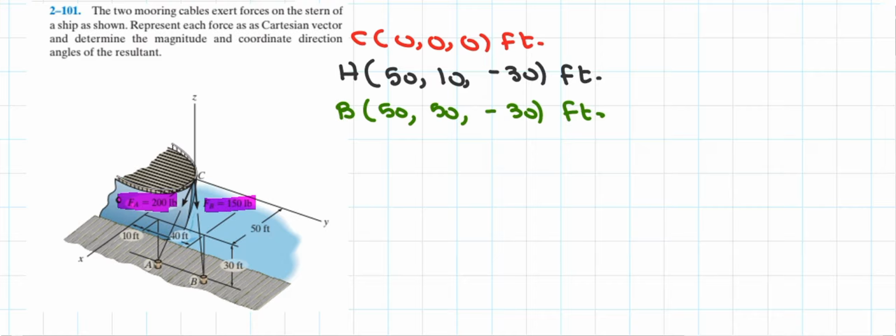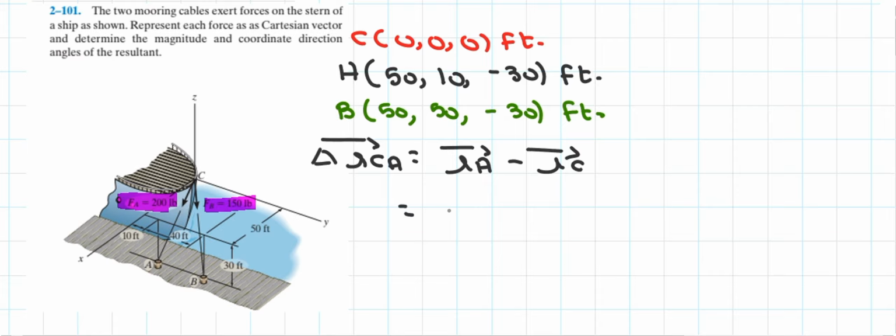So the position vector is written as delta RCA, which is equal to RA minus RC. RA is 50i plus 10j minus 30k foot. This is the position vector of RCA.